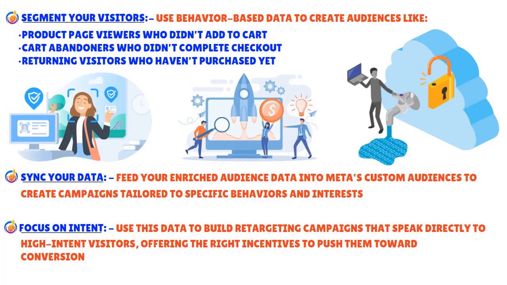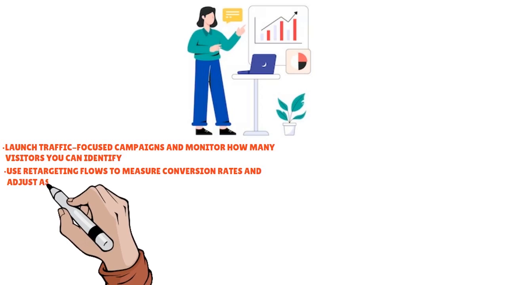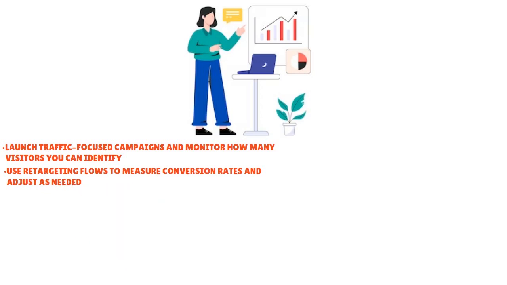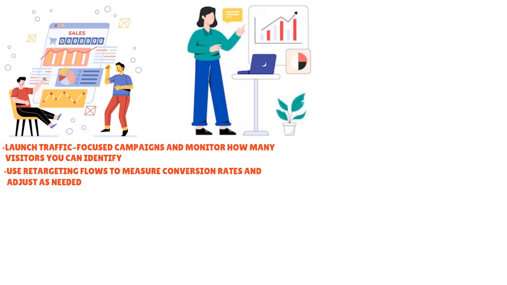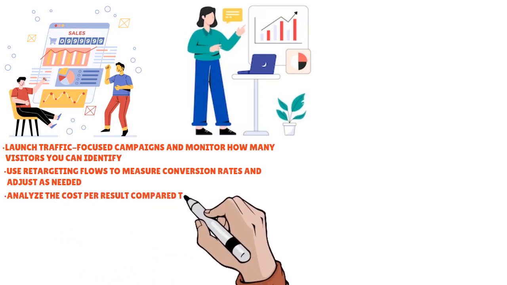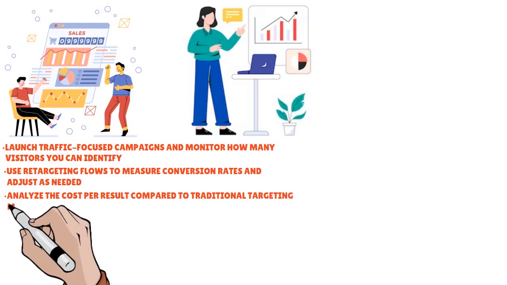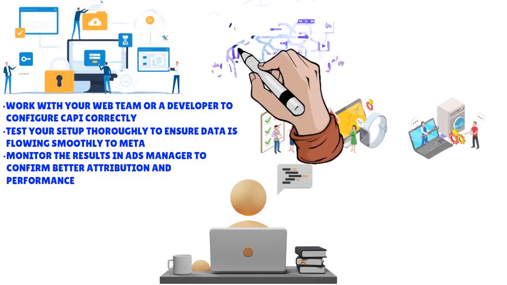You also want to use retargeting flows to measure conversion rates and adjust as needed. That's going to help you get better in terms of your ROAS, okay? And you want to analyze the cost per result compared to traditional targeting methods. So basically what I suggest is that you run your campaigns at the same time.